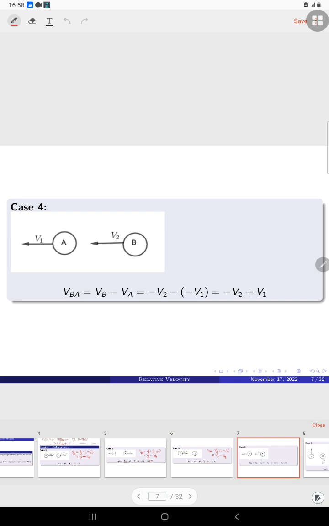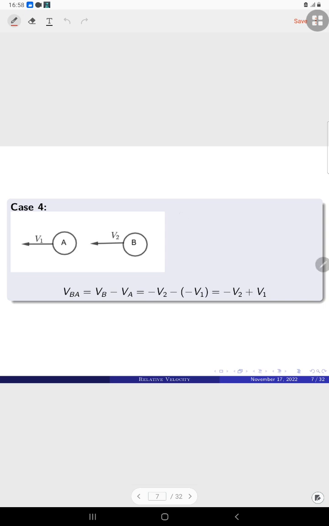Another case. This time, both of them are moving towards the west. They are parallel vectors. If we are finding VBA, velocity of B relative to A is going to be VB plus minus VA as usual, so VB minus VA. But don't forget, both of them are moving towards the west direction.